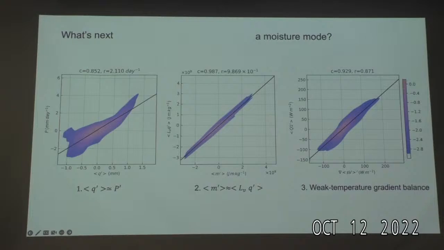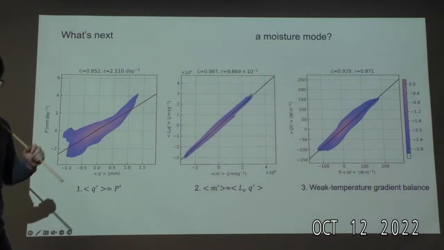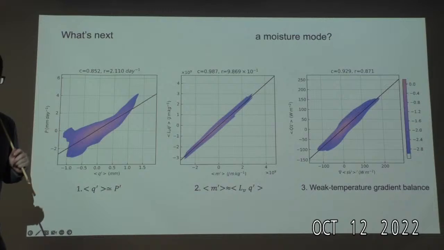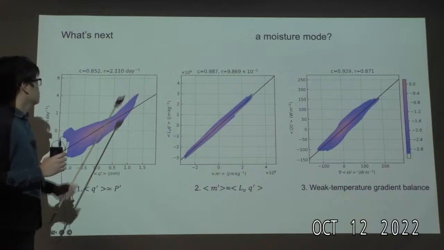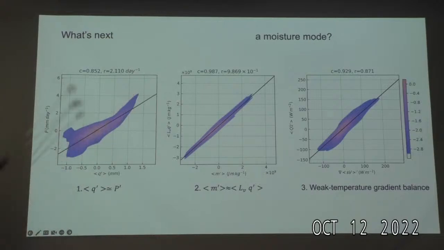So our next step is to investigate whether this is a moisture mode. By moisture mode, I mean whether this system is dominated by the variation of moisture. I just put this slide here to raise your curiosity. I'm not responsible for answering it today. I just put three criteria that represent the moisture mode. The first one is the relationship between the moisture and the precipitation.